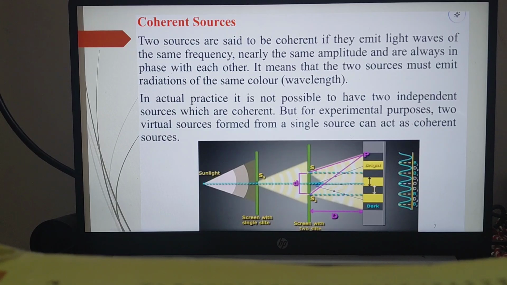But for experimental purposes, two virtual sources formed from a single source can act as coherent sources. So two sources are said to be coherent if they emit and travel with the same frequency and almost the same amplitude, and are always in the same phase with each other. Clear? This is the coherent source.